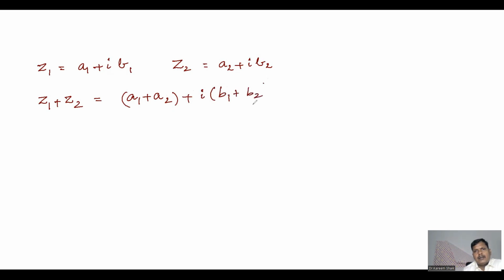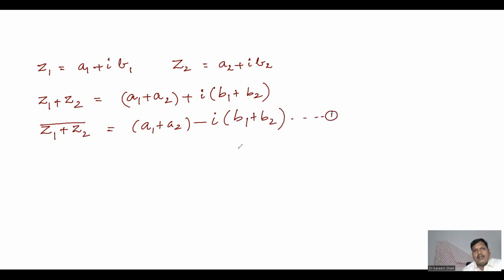Am I right? I want to find the conjugate of z1 plus z2. So z1 plus z2 whole bar equals a1 plus a2, just we have to change the sign of the imaginary part, right? So minus iota times b1 plus b2. I am considering it as my equation 1.